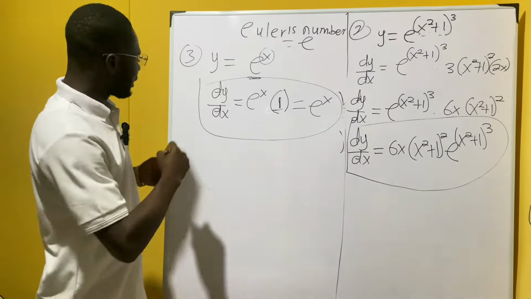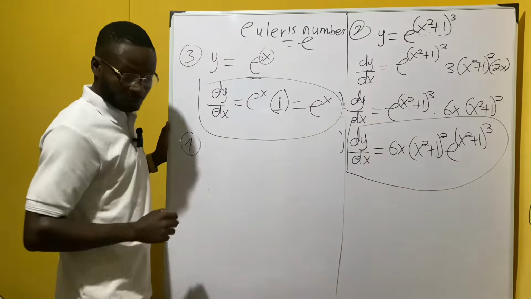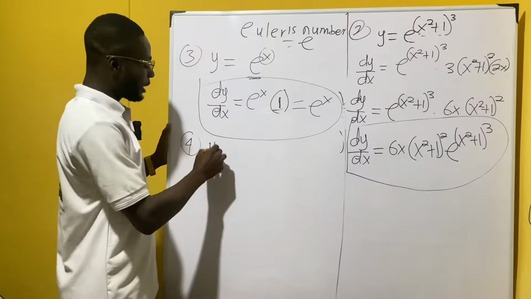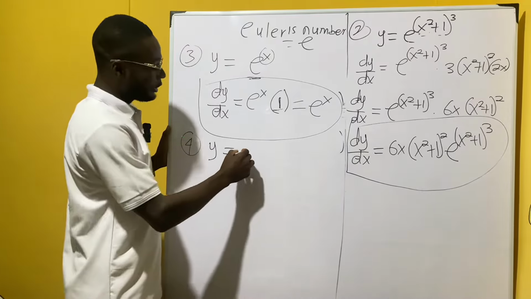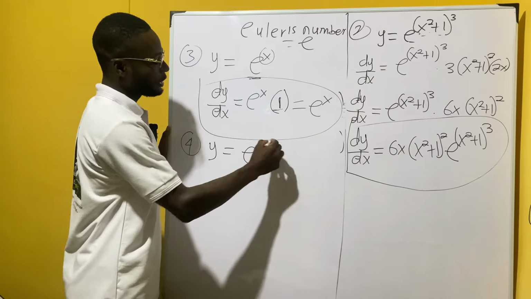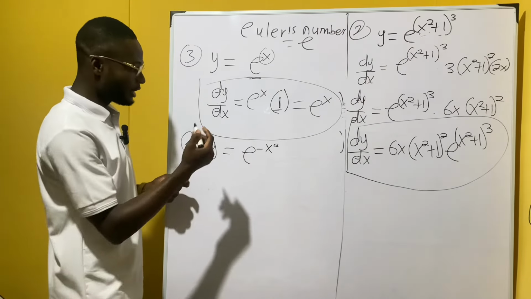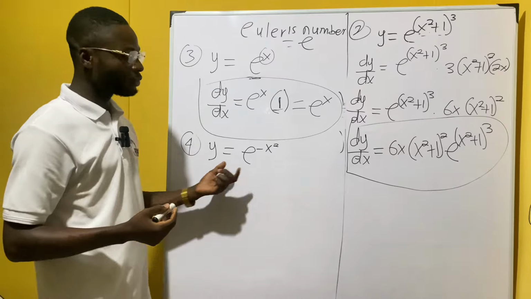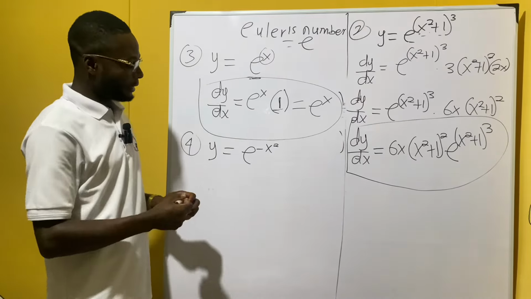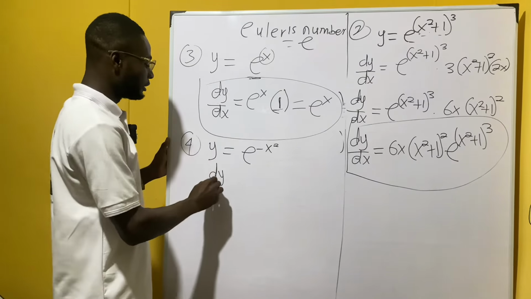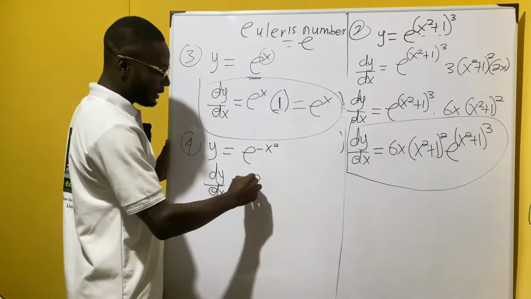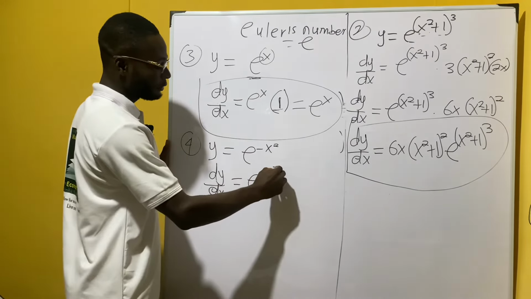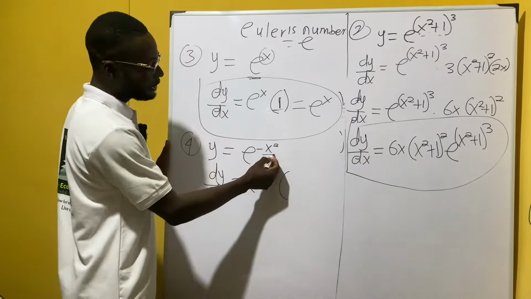So let's look at the fourth example, which is y equals e power minus x squared. This same idea we are going to apply here. So we have dy dx equals maintain the function and then differentiate the exponent.